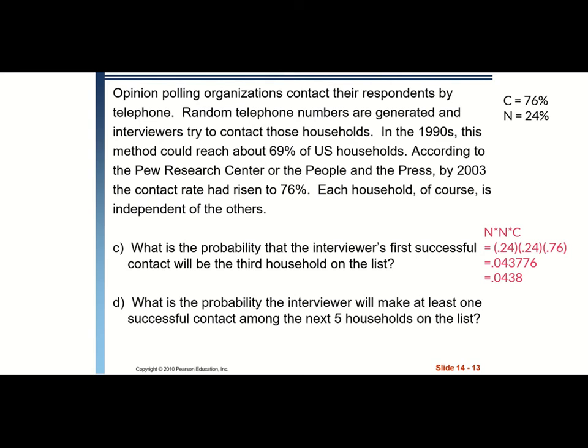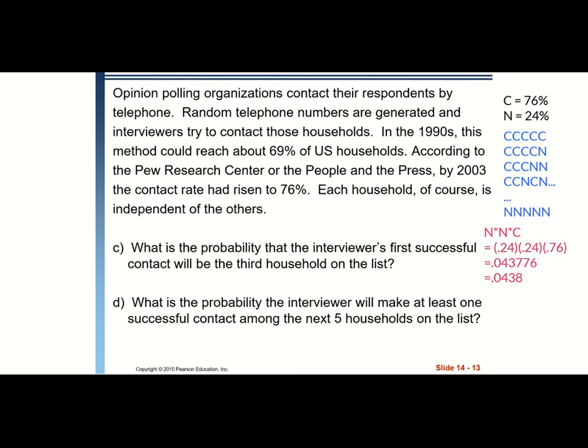Part D, what's the probability that the interviewer will make at least one successful contact among the next 5 households on the list? Now, this one's a bit tricky. Let's start off by thinking about all the different ways we can contact or not contact 5 households.